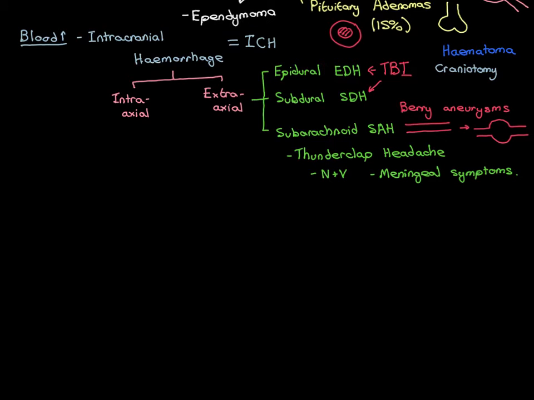And aneurysms can occur all over the cardiovascular system. Now, when they occur in the extra-axial brain arteries in the subarachnoid space, they tend to be reasonably small aneurysms. They're not like the massive things that can occur in the abdominal aorta. They're generally quite small, the sort of size of a berry, and hence they're called berry aneurysms.